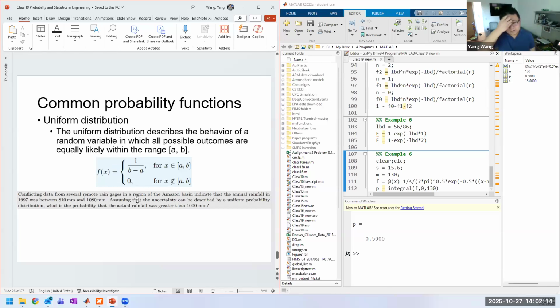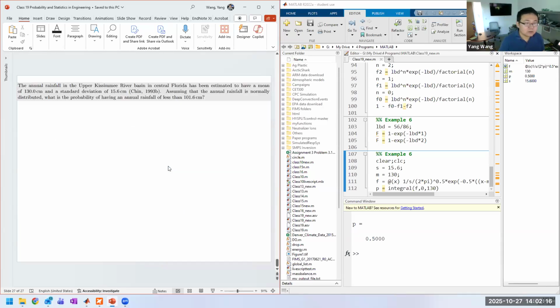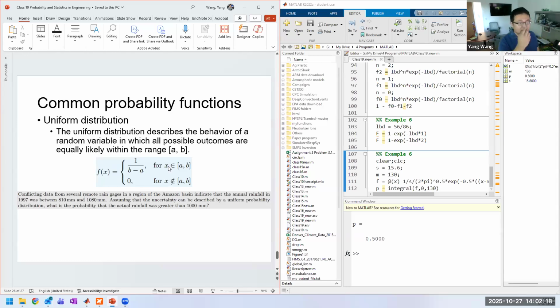And after that, I think this is the final distribution that we're going to talk about, which is the uniform distribution. It describes the behavior of a random variable in which all the possible outcomes are equally likely within the range, which is very easy to understand, right? So within this range here, the probability density is just 1 over b minus a.